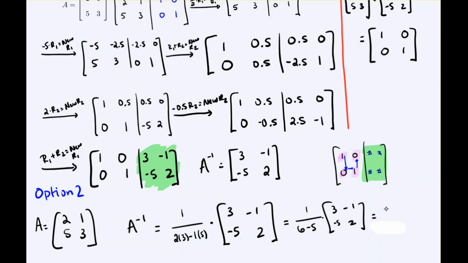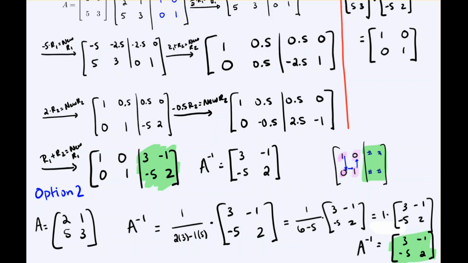But 6 minus 5 is 1, so that's just 1 times the matrix. And whenever we take a scalar times a matrix, you multiply the scalar by every entry, but everything times 1 is just itself. So no surprise, we get 3, -5, -1, and 2. And we would find the exact same inverse matrix as before, because we're doing the same problem, just 2 different methods, so we should expect the same answers.